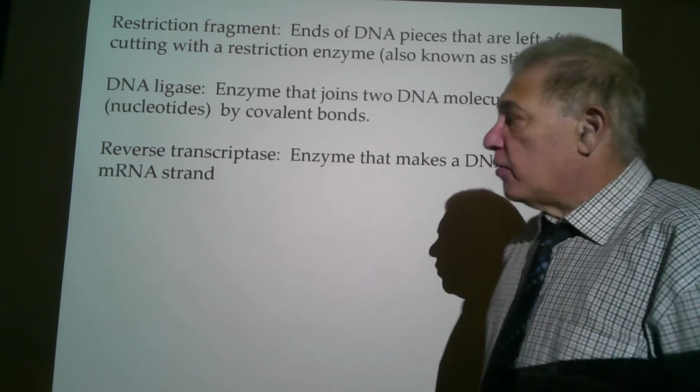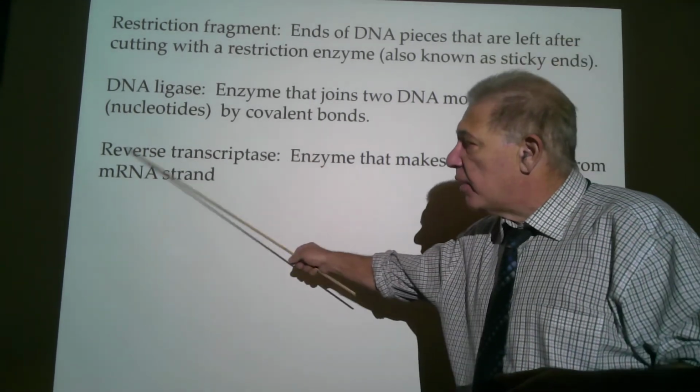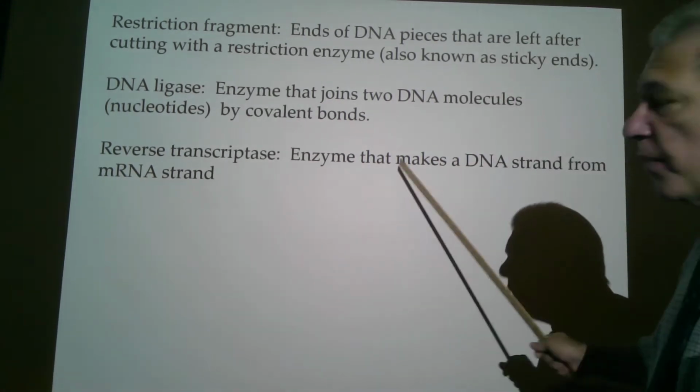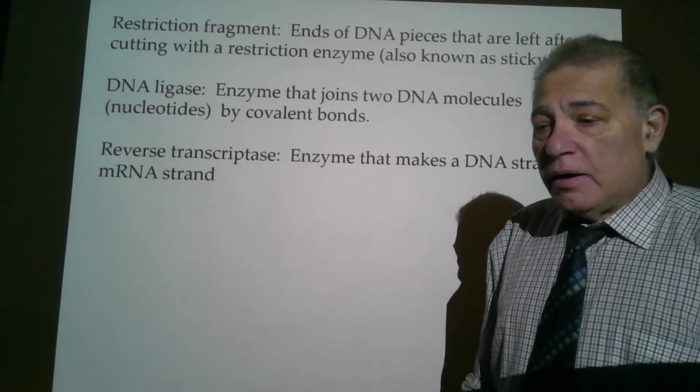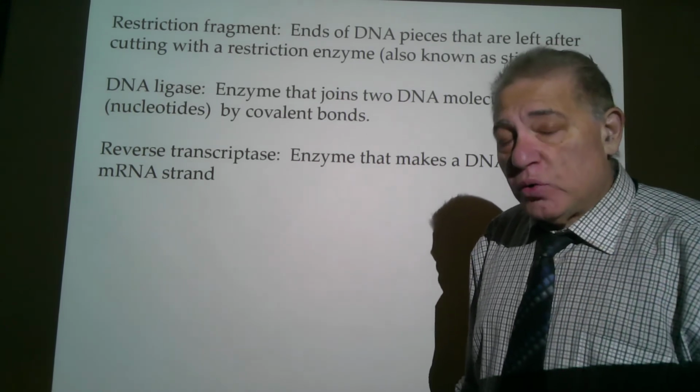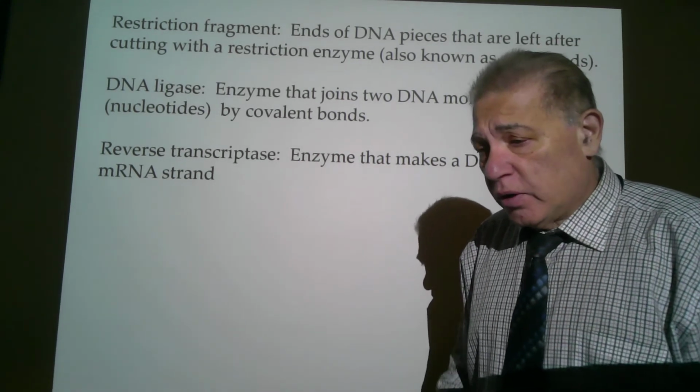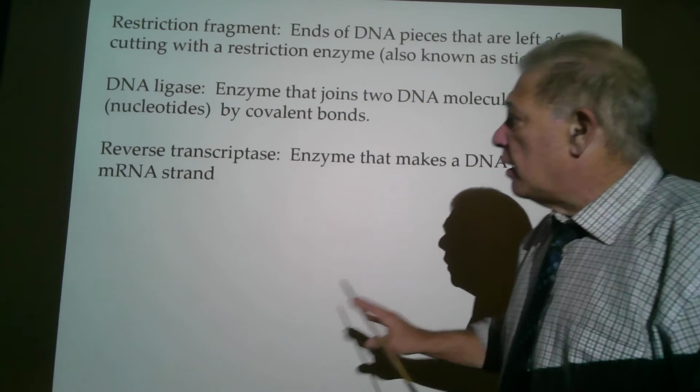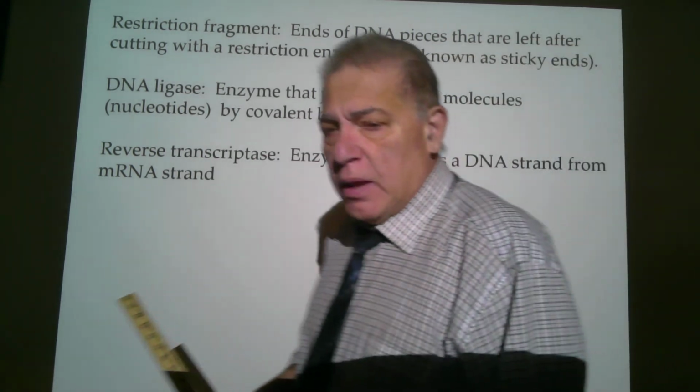But I'm not going to talk much about this, because I'm not going to put this on your exam. It would be better if I was in front of you in a classroom where I can answer questions to the whole class about reverse transcriptase.